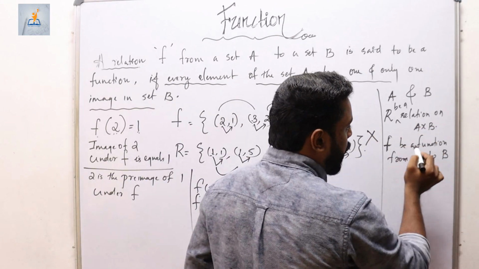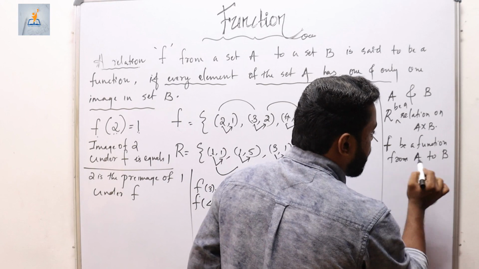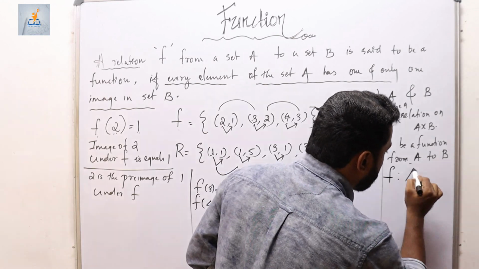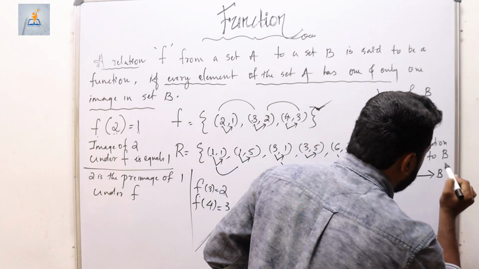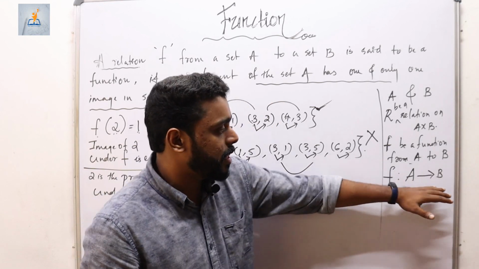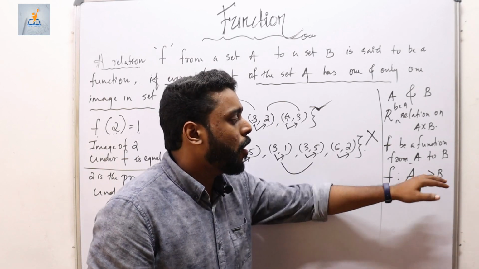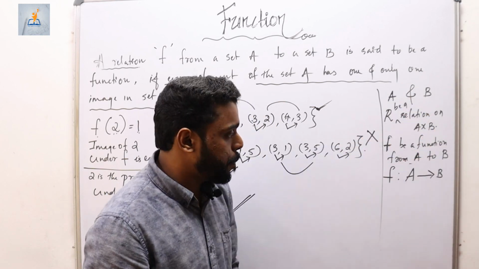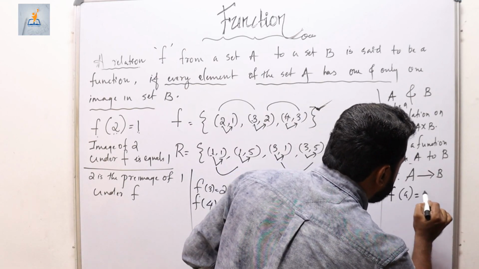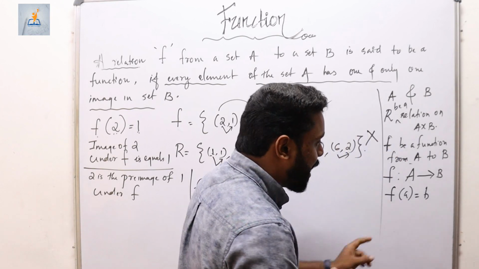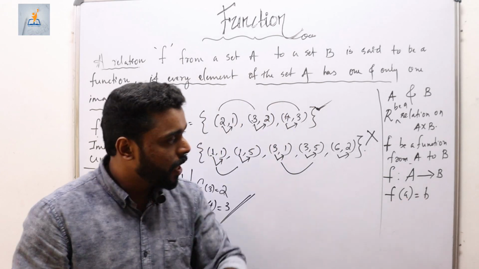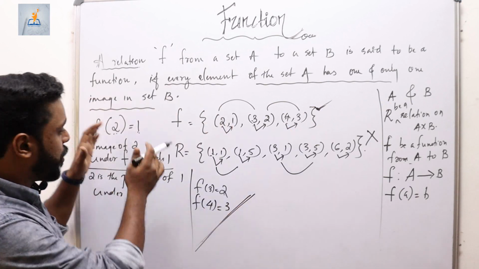See, R is a relation on A cross B, and that R is a function, and we say that it is a function from A to B, and we denote it by f from A to B. We should read it like this: the function f from the set A to the set B. We denote the images as f of a is equal to b, and we read it as b is the image of a under the function f. So this is a general version of what we have said here.